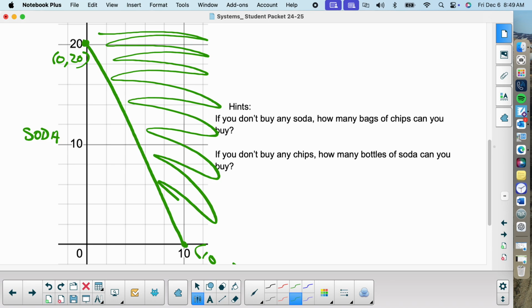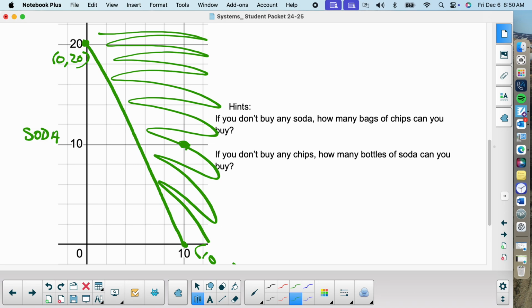Let's pick a random spot out here. Right here. This would be 10 bags of chips, 10 bottles of soda. Is that going to be less than 15 bucks or more than 15 bucks? That's what we need to figure out. That one's going to be more, because the 10 bags of chips alone was $15.